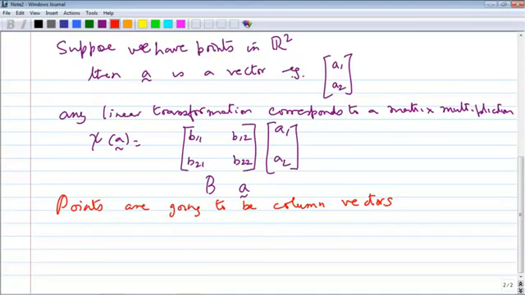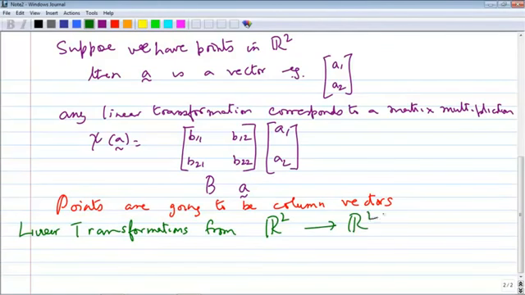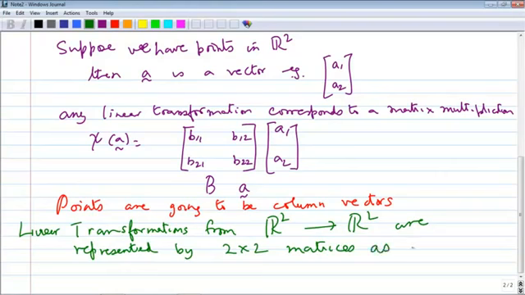And so linear transformations from two-dimensional space to two-dimensional space are represented by 2 by 2 matrices, as here.